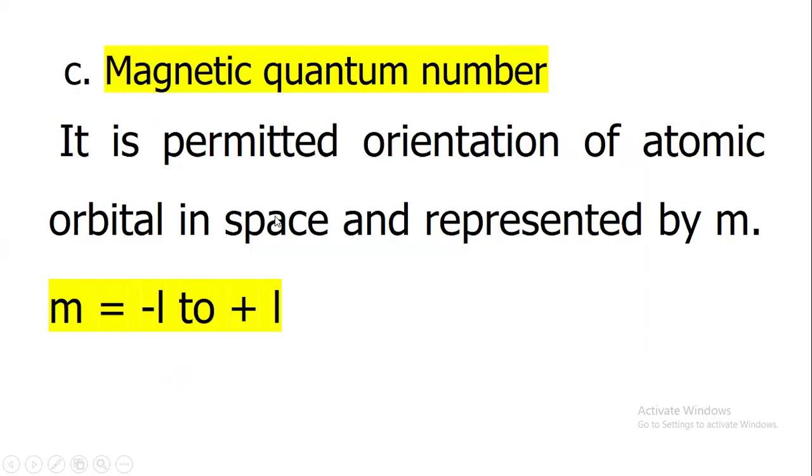Magnetic quantum number: it gives the permitted orientations of atomic orbitals in space, represented by m from minus l to plus l.